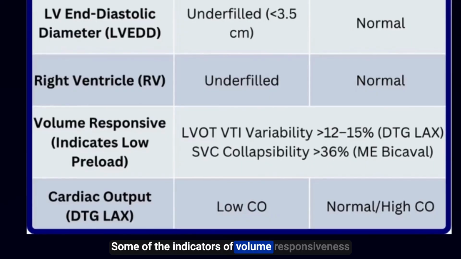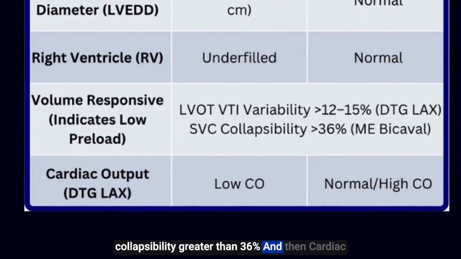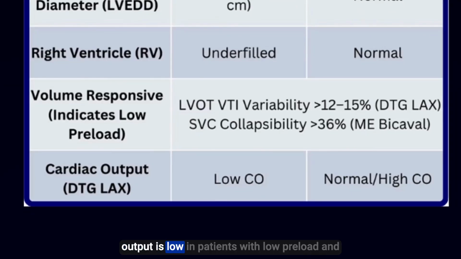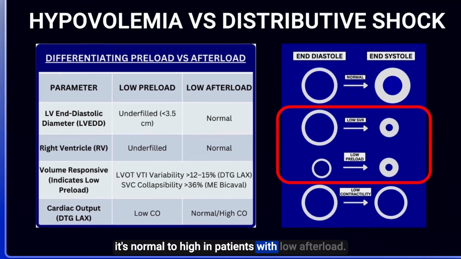Some of the indicators of volume responsiveness that might make us think more highly of low preload being the culprit of the shock state is LVOT VTI variability greater than 12 to 15% and SVC collapsibility greater than 36%. And then cardiac output is low in patients with low preload, and it's normal to high in patients with low afterload.